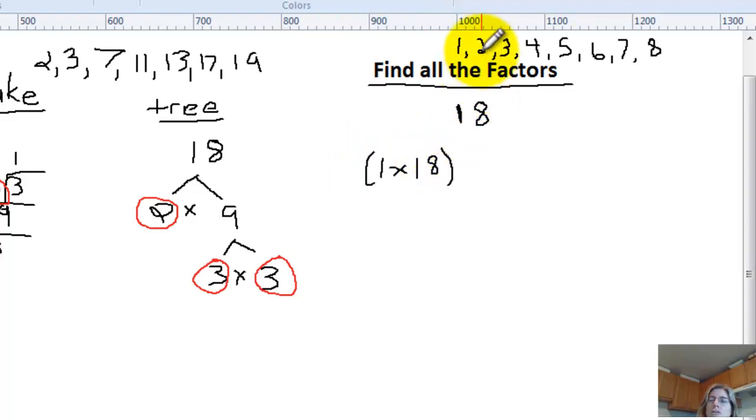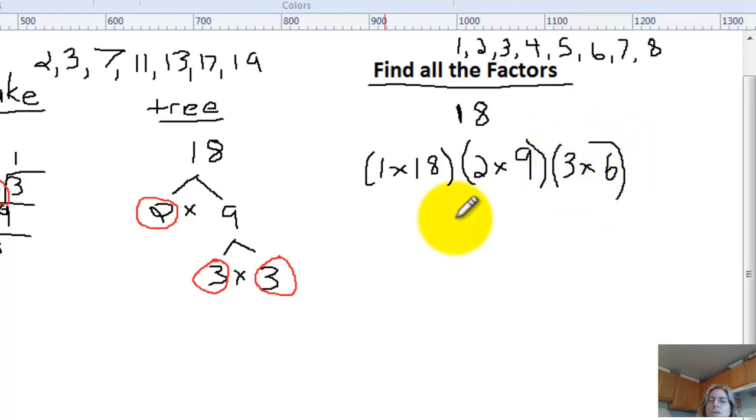factors. Then I look at 2, and do I say 2 times what number is 18? 2 times 9. So far we haven't run into anything too much different. Now we look at it and say, does 3 times some number equal 18? Yes, 3 times 6. So now we're seeing something different. We have some factors that we didn't even bother to look at for this problem.